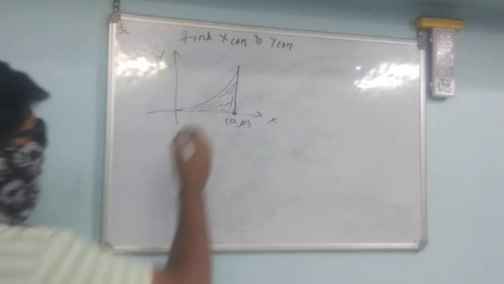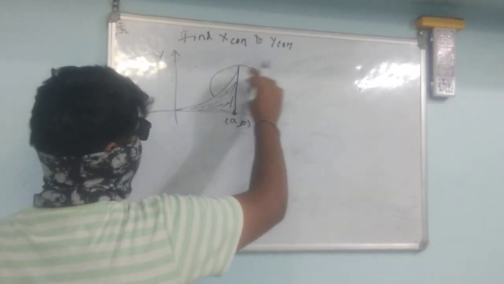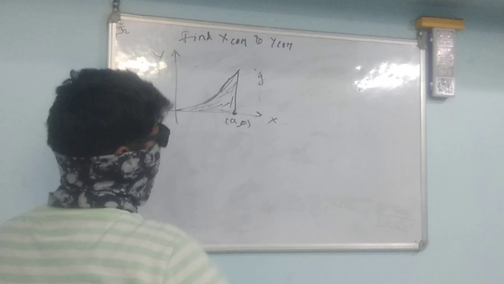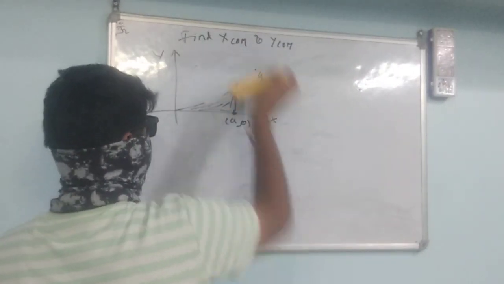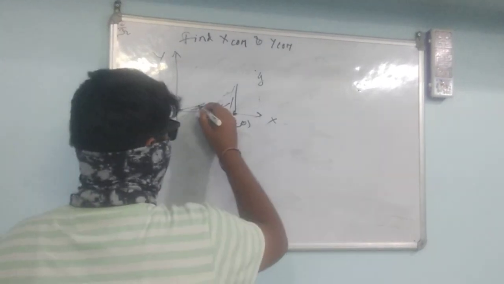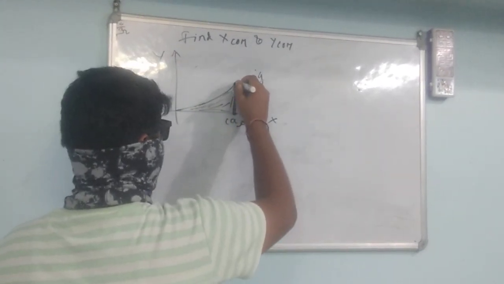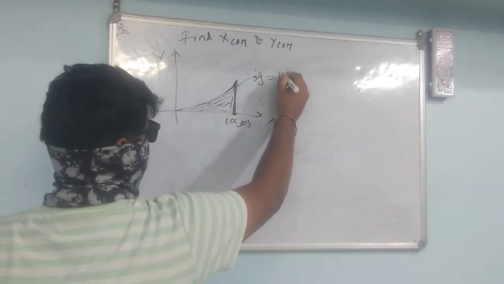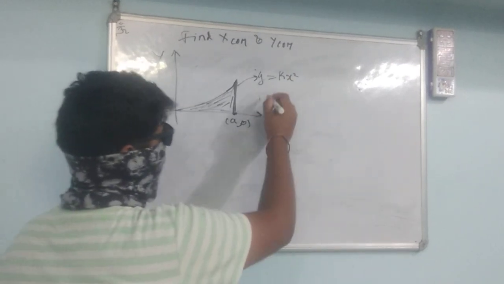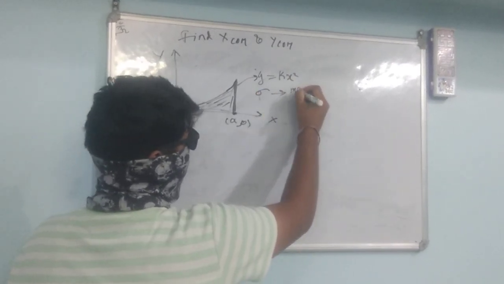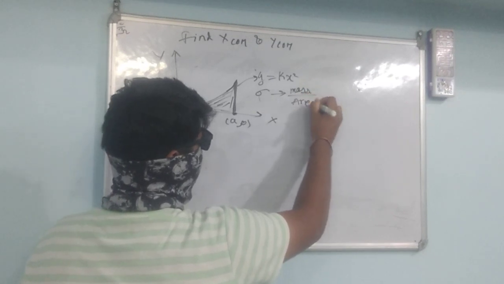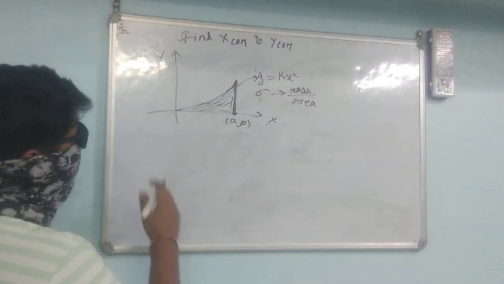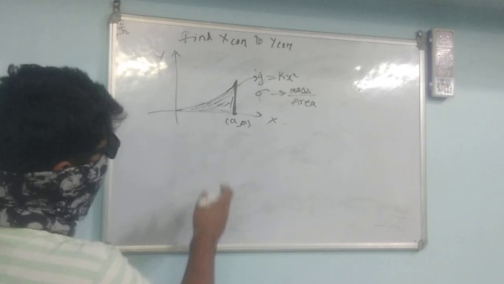So this is given and the equation is given, y is equal to k x squared, and sigma is given, the mass per unit area. So we have to find the x center of mass and y center of mass of this graph and this figure.